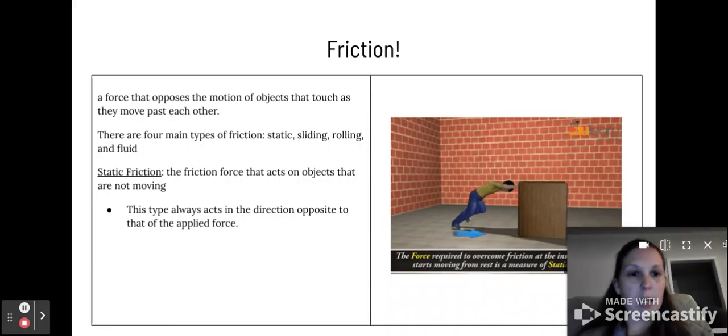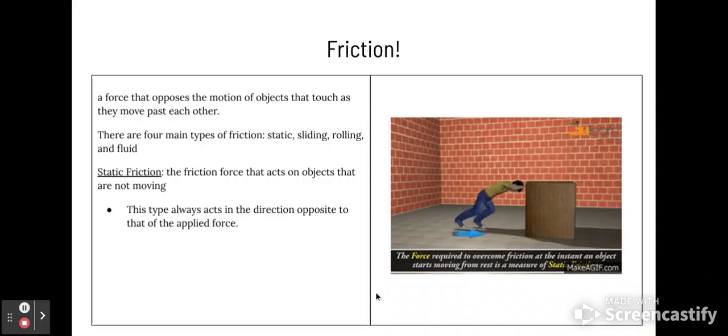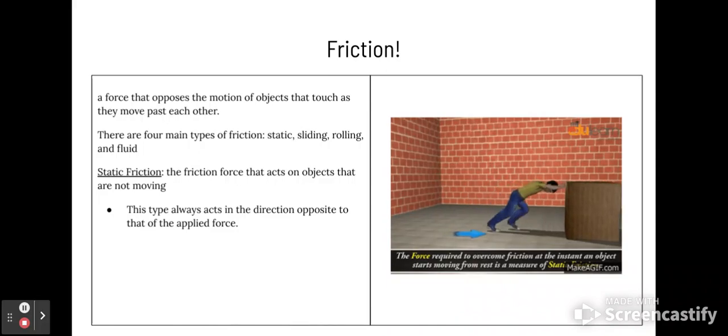The force required to overcome the friction at the instant an object starts moving is to overcome that static friction. So to make an object start moving from when it is still is overcoming the static friction.